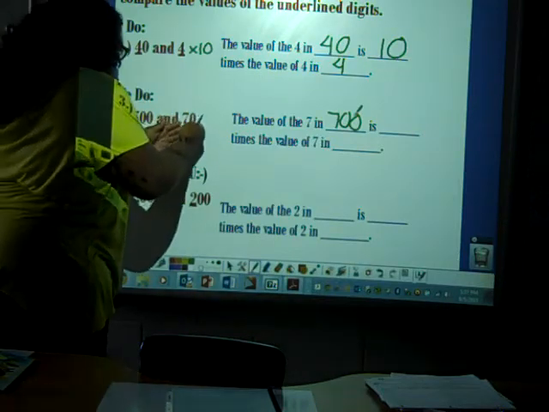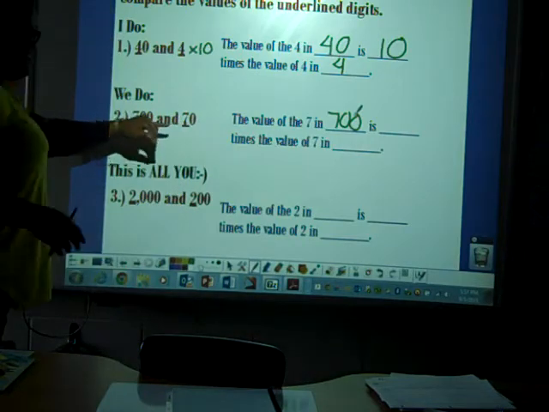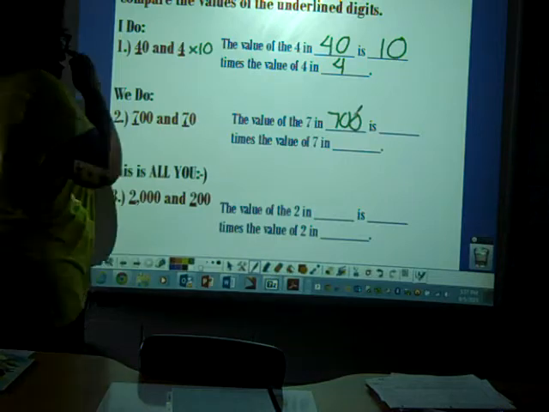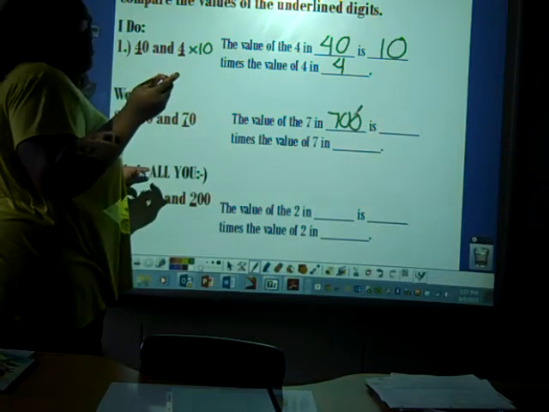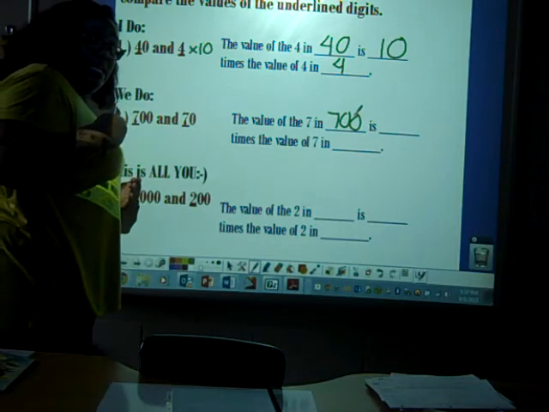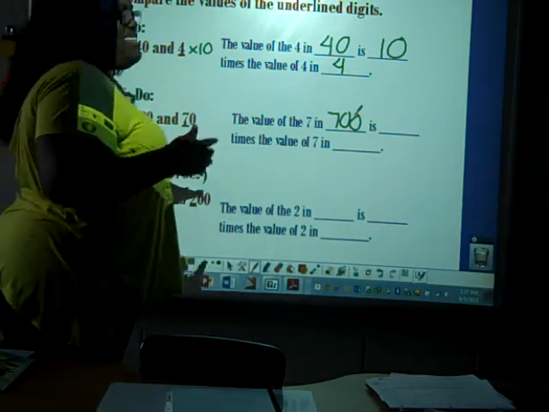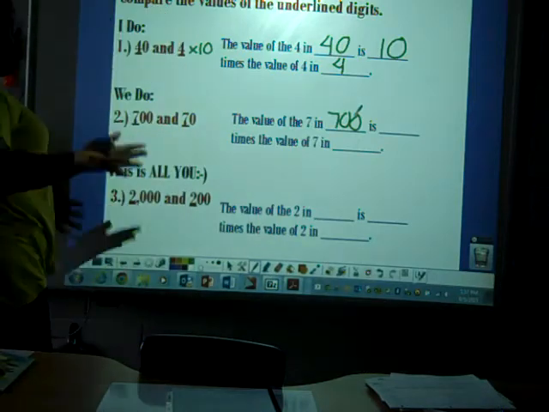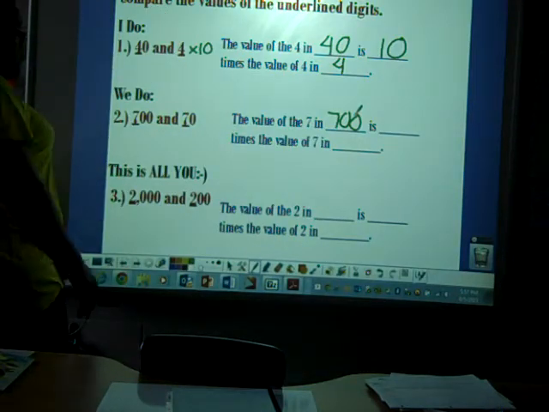Well, what can I multiply by 70 to get 700? Let's see. Are you thinking 10? I'm thinking 10. Well, let's try another number. Let's try 100. Let's see. 700, 100. It makes sense, right?